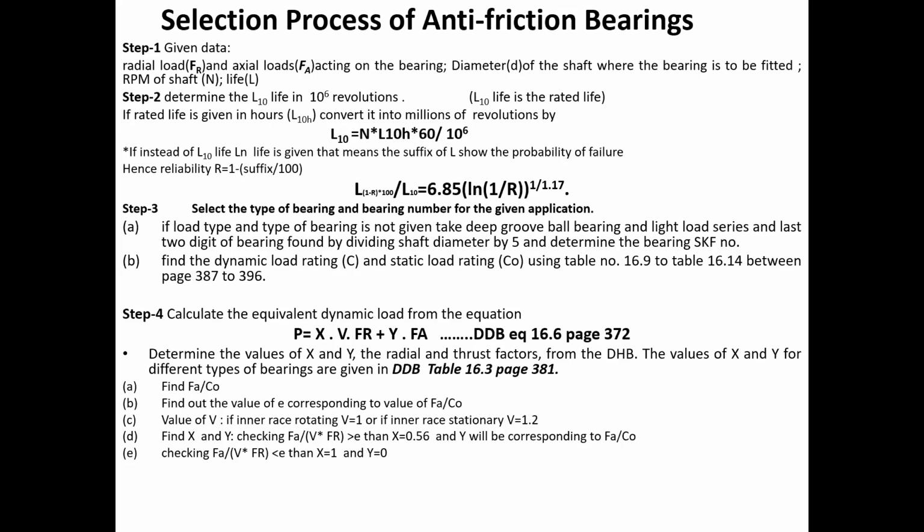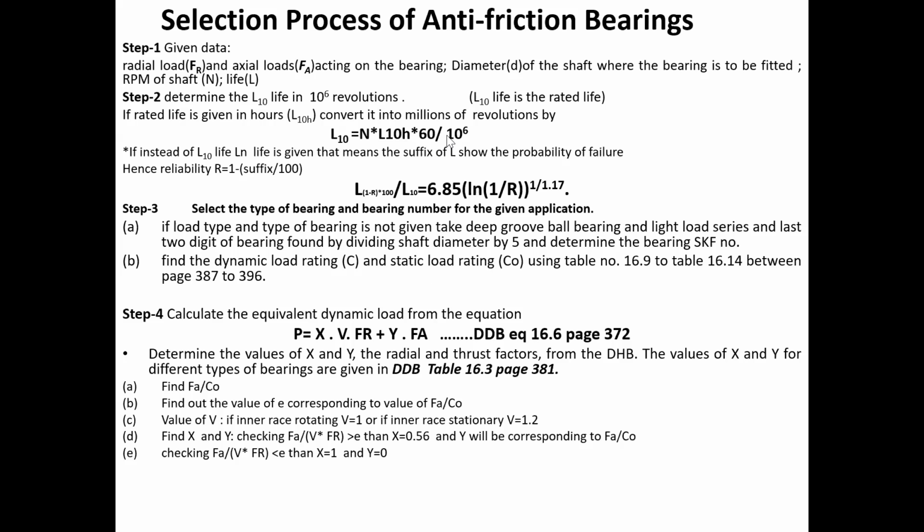If the expected life or the rated life is given in terms of hours, then it is called L10H life. If life is given in millions of revolutions or in revolutions, it is called L10 life.